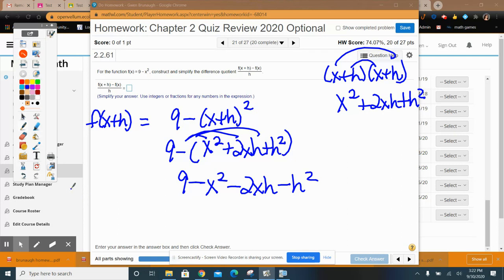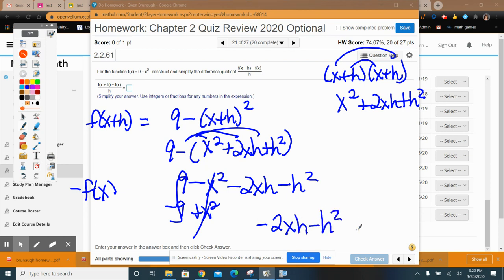Now we'll subtract f of x. Remember, each piece will get taken away with something. So I'm going to subtract the 9. I'm going to subtract a negative x squared, which really adds the x squared. And all I have left is -2xh minus h squared. But you're going to have to divide all the pieces by h. Divide this by h and this by h, and you get -2x minus one of those h squares cancels.